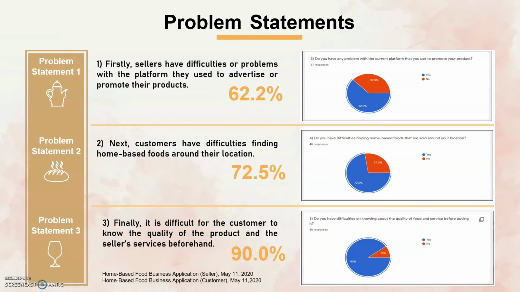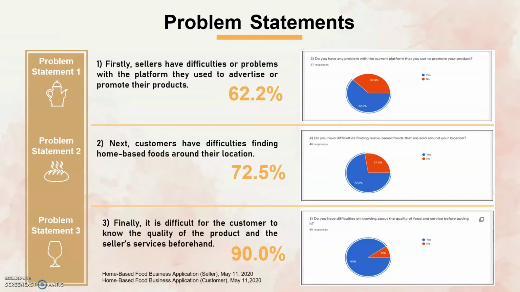The second problem statement is that customers have difficulties finding home-based food around their location. This is because home-based food sellers do not have a physical store like a restaurant has, so it is quite hard for customers to know whether someone is selling home-based food products.